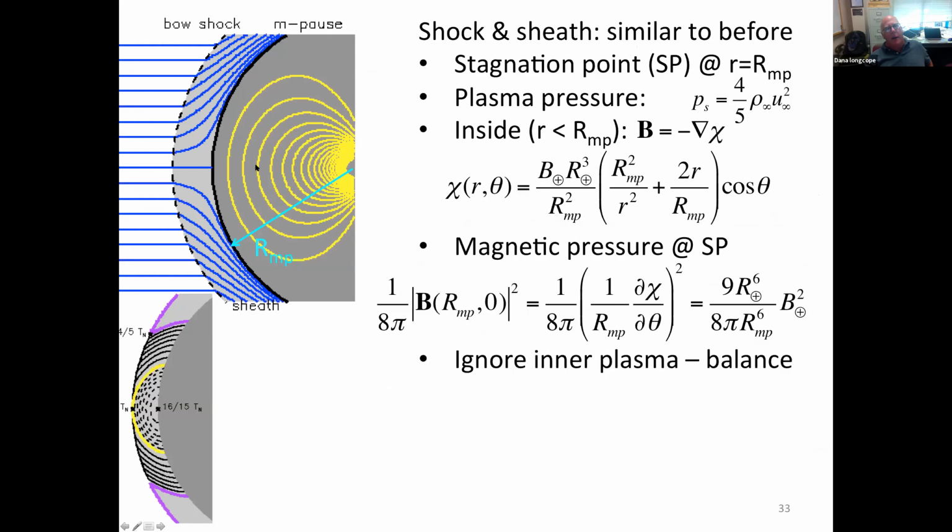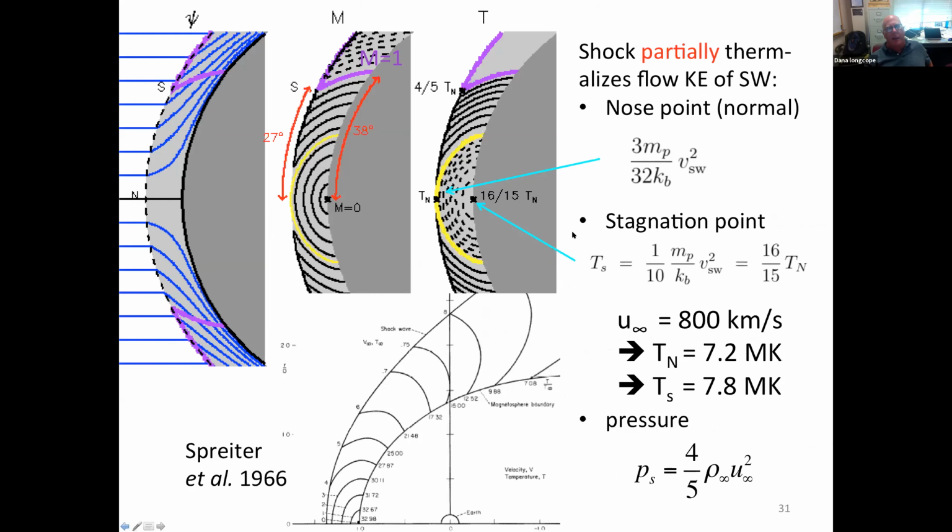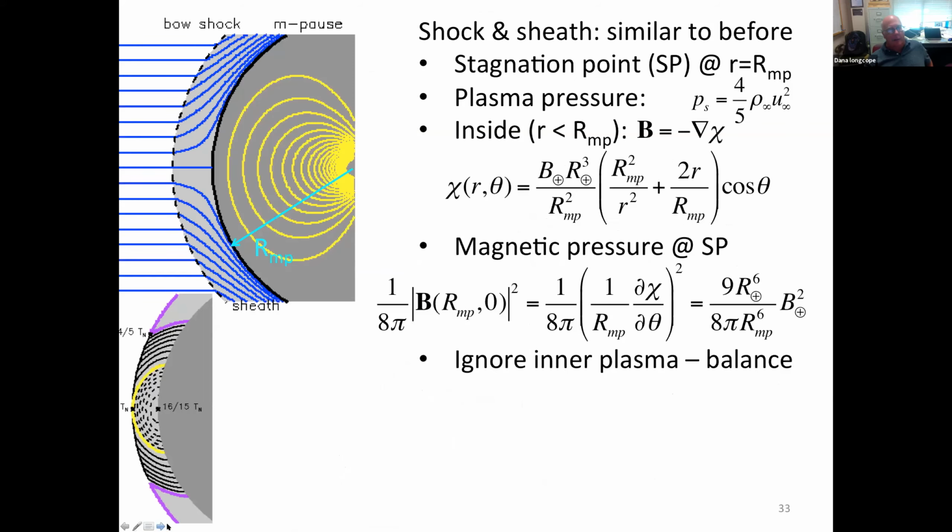And the argument there is we go back to the nose point, the stagnation point, and say, okay, that has a fixed amount of pressure because it has been slowed down from the solar wind, and it has this very high temperature and enhanced density. So it has a fixed amount of pressure. And inside the magnetosphere, the only thing to overcome that pressure is magnetic pressure, okay?